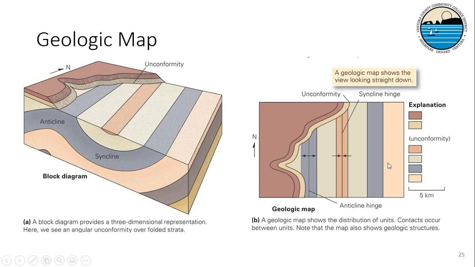And how do we translate that to a geologic map? Well, if we were to just look at the surface, along this edge right here is an unconformity, and we see all these different layers here along the surface. And based on the dip of these beds, this tells us a little bit about what's happening below the surface.